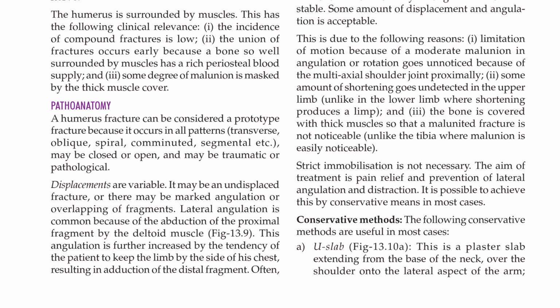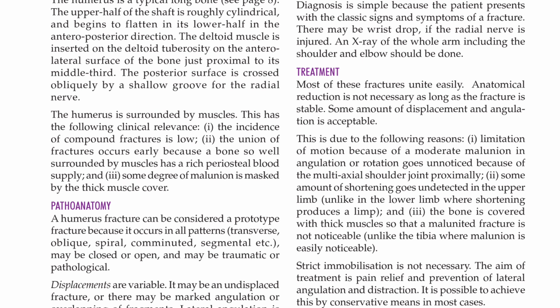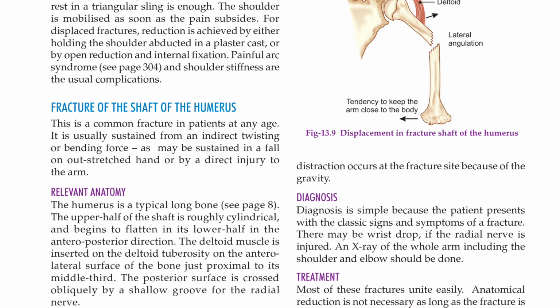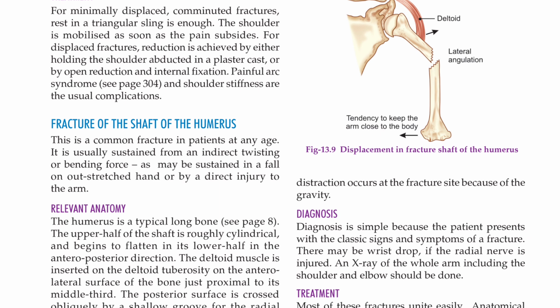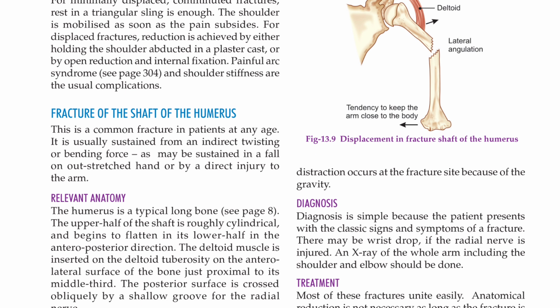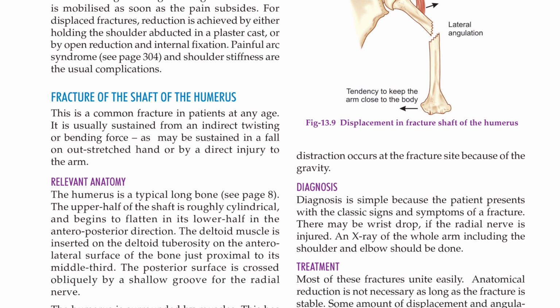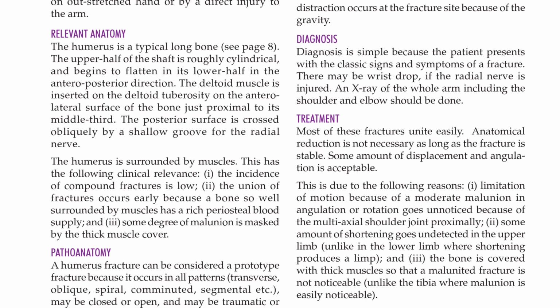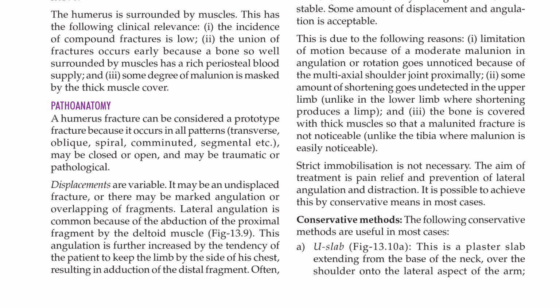So this angulation is further increased by the tendency of the patient to keep the limb by side of his chest, resulting in adduction of the distal fragment. Often distraction occur at the fracture site because of the gravity. तो समझ में नहीं आया क्या कहते हैं.